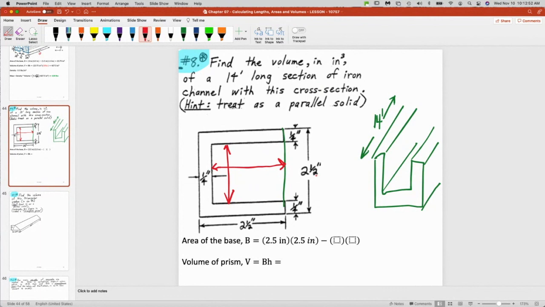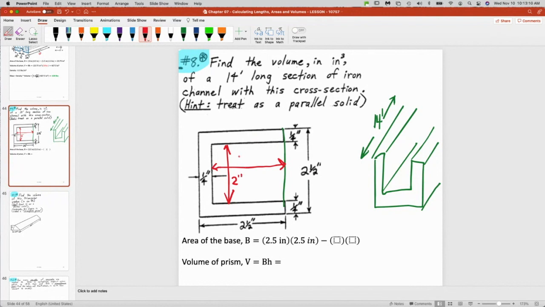So we have 2.5 inches minus a quarter minus a quarter. So yes, that's 2 inches. Thank you, Marco. And thank you, Nicholas. That's 2 inches. And then over this way, I think it's not 2 inches. I don't think it's a square.